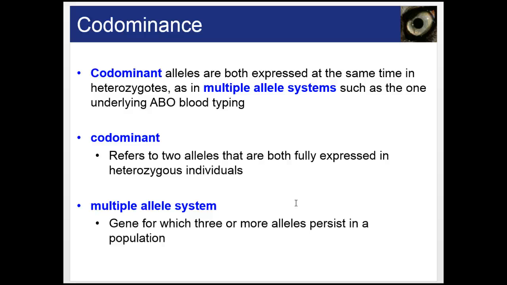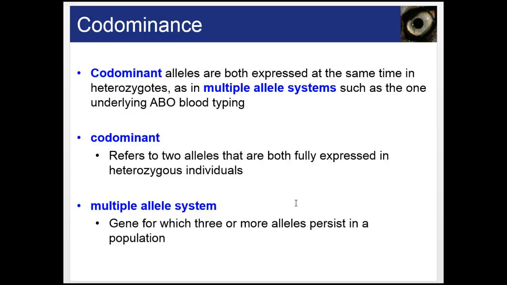So somebody who has the combination of the A allele and the O allele will actually be type A blood. Somebody who has the combination of the B allele and the O allele will be type B blood. The only way you can be type O blood is if you are recessive and you have both O alleles.